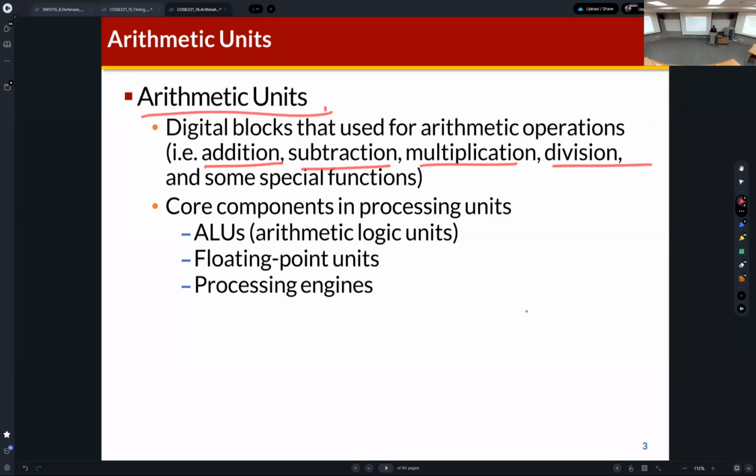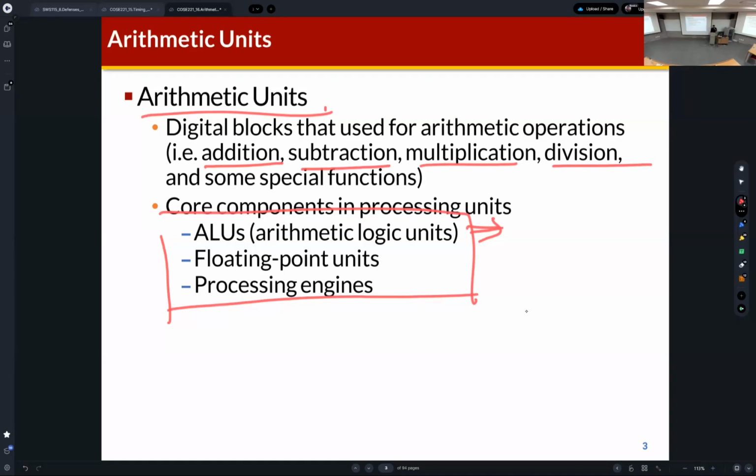Those are frequently used components in the computer system, like the ALU, the arithmetic logic unit. In the processor, we use ALUs for executing arithmetic or logical instructions.